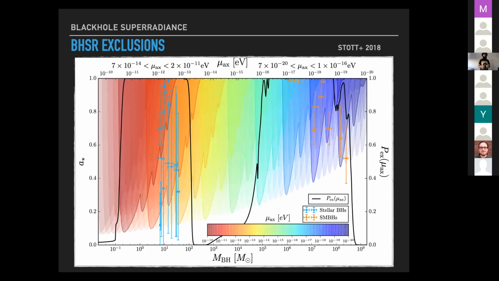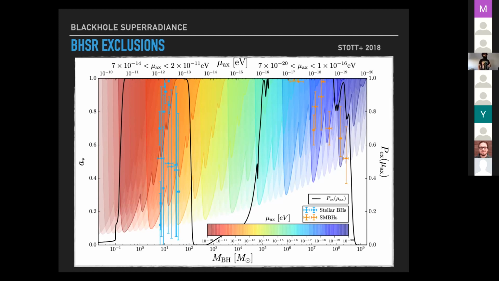In actual fact, we have 15 stellar mass black holes, and now we have 9 supermassive black holes, which includes the latest results from Messier 87. So using this black hole data, the ALP masses excluded, as I mentioned, fall into the 3 windows, 2 of which are on this plot, and you can see outlined with the black line.